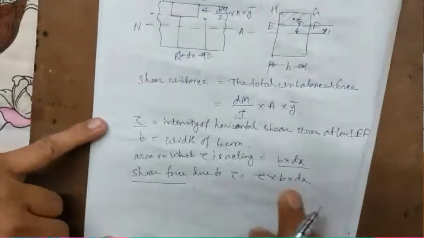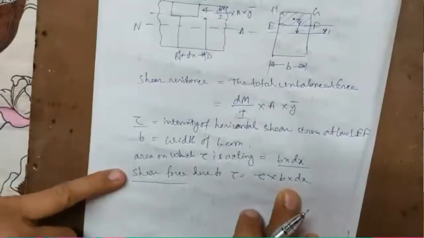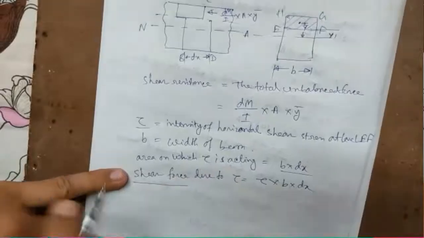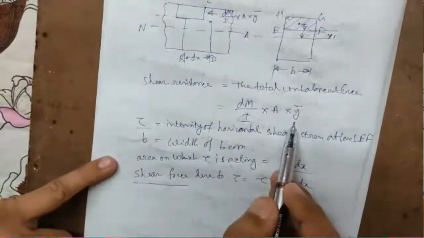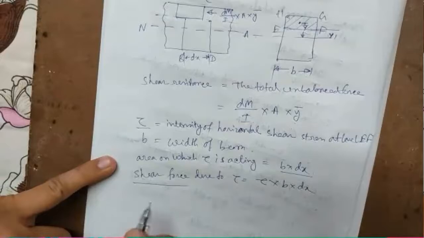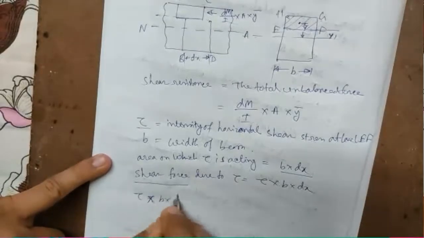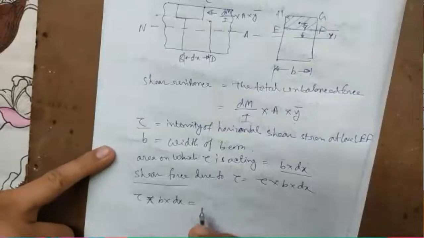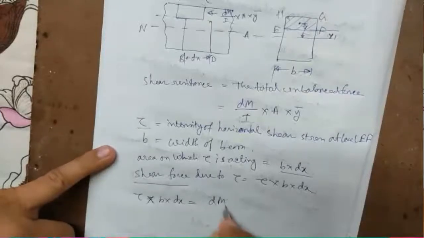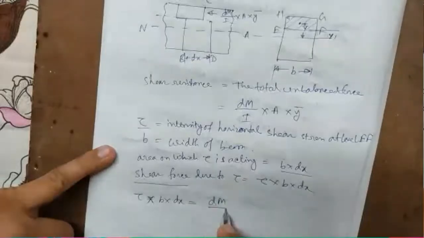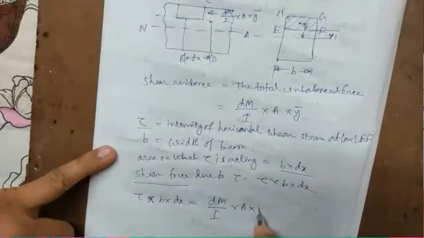Now this shear force should be equal to the shear resistance. So we equate the shear resistance value with this shear force value. So tau into b into dx will be equal to the shear resistance that we already wrote here, dM by I into A into y bar.